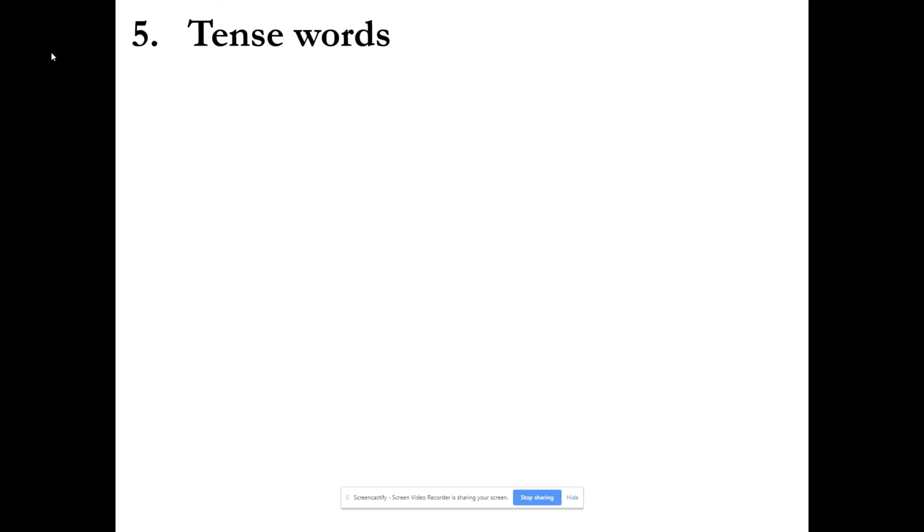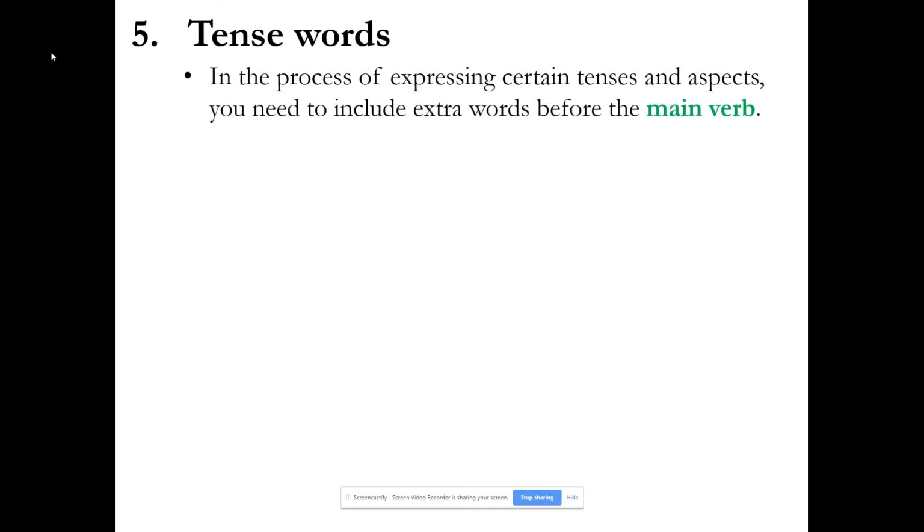All right. So tense words. It's important for you to understand that when English expresses certain tenses and aspects, you have to add extra words. You're not just changing the verb a little bit in order to express a different tense like you would in Spanish or French.